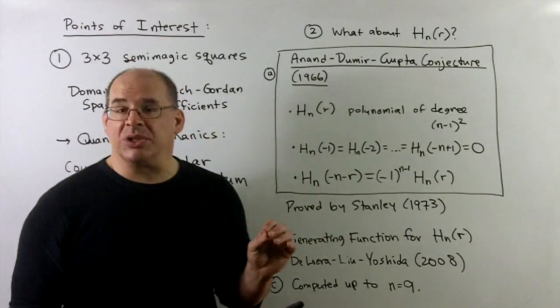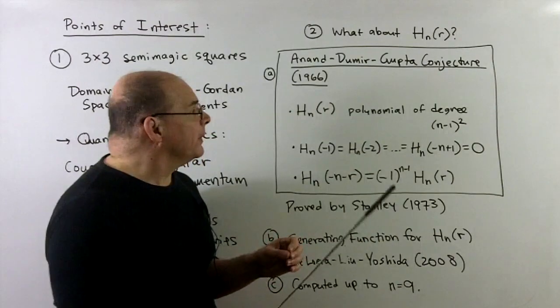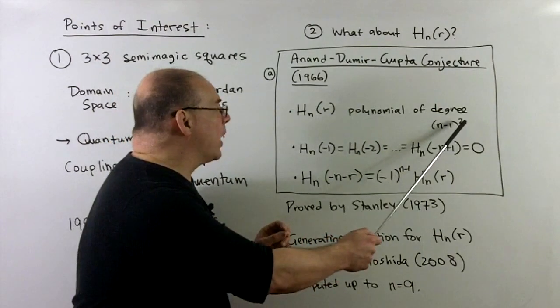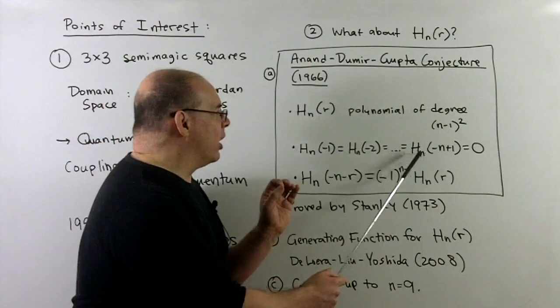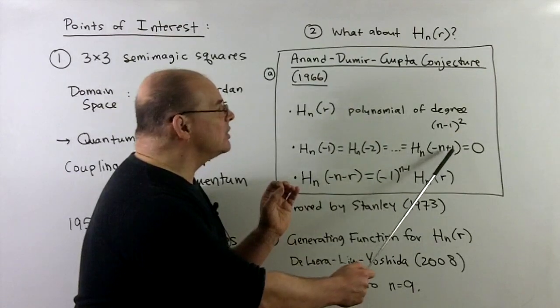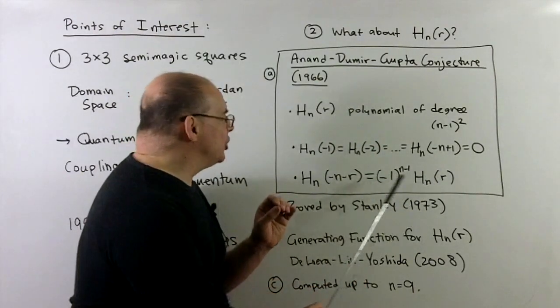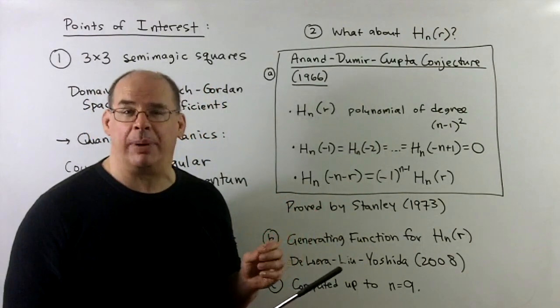This doesn't give a precise formula for H sub n, but it does narrow down some of the properties of it. So H sub n is a polynomial of degree (n minus 1) squared. We have a class of zeros for H sub n that depend on n. There are n minus 1 of these on negative integers. And then we have the symmetry relation, which is reflecting combinatorial reciprocity. Again, above my pay grade.